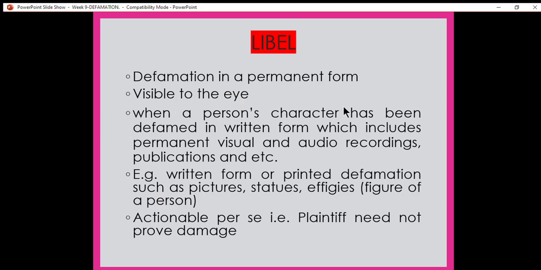When a person's character has been defamed in written form, which includes permanent visual and audio recordings, publications, and so on. For example, written or printed defamation such as pictures, statues, effigies, figures of persons. And in order to claim for libel, it is actionable per se, meaning that the plaintiff need not prove damage. Alright, so just prove the defamatory words.